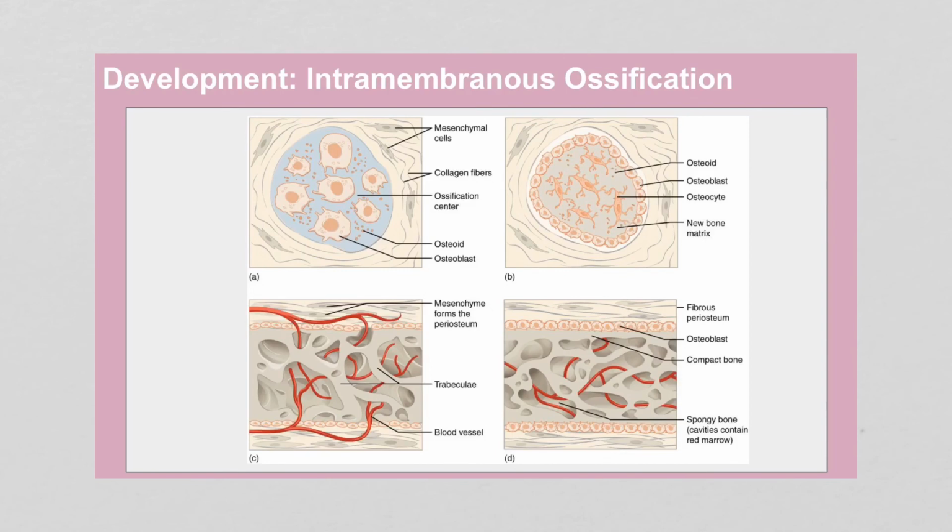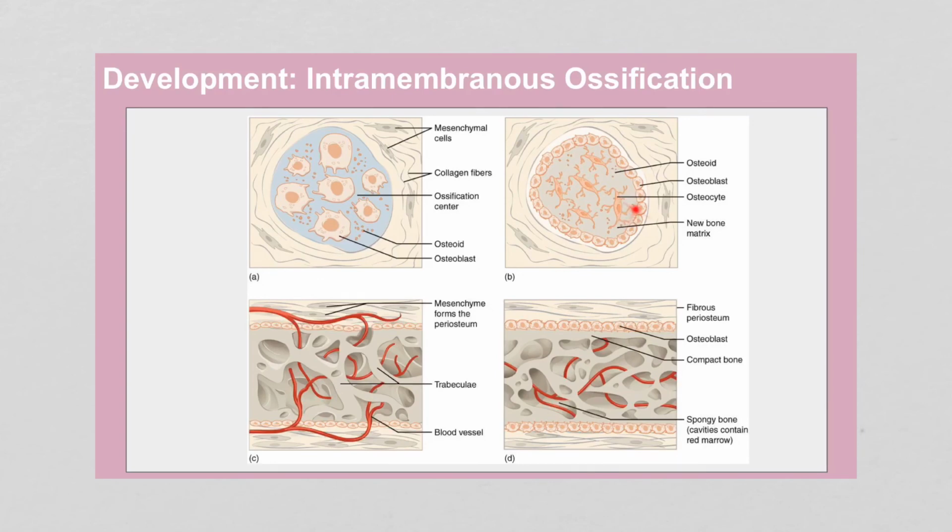Once you get a mass of osteoblasts, it has formed an ossification center where they can deposit osteoid that will be calcified over the course of a few days. Okay, and so we can see here's that ossification center with the osteoblasts secreting osteoid.